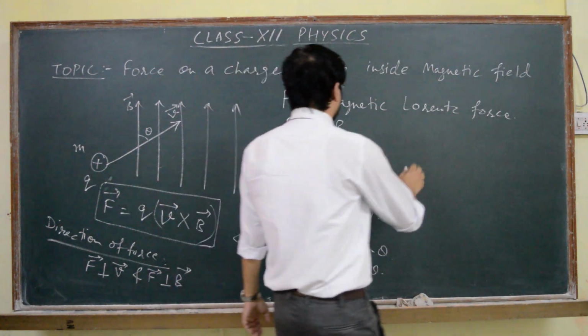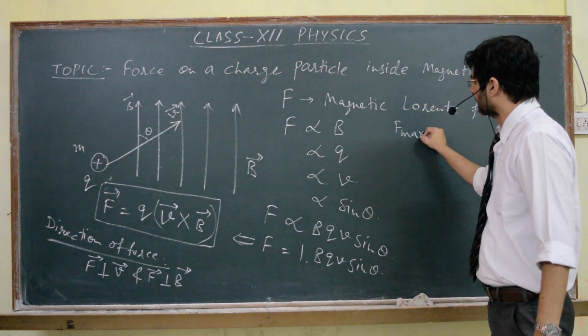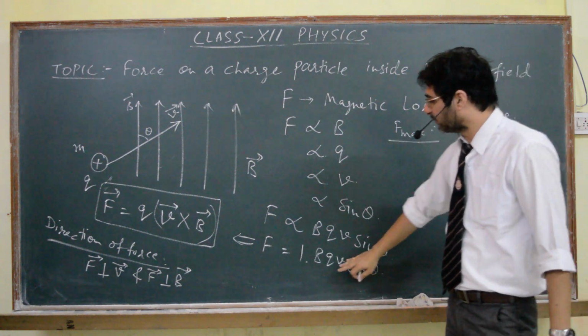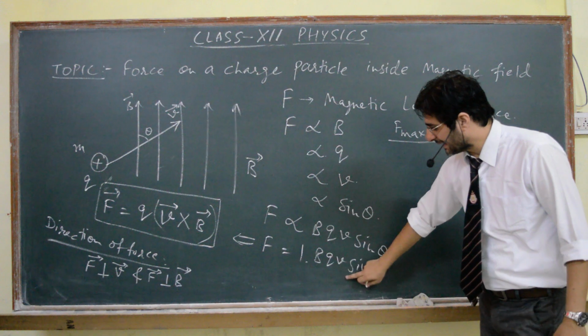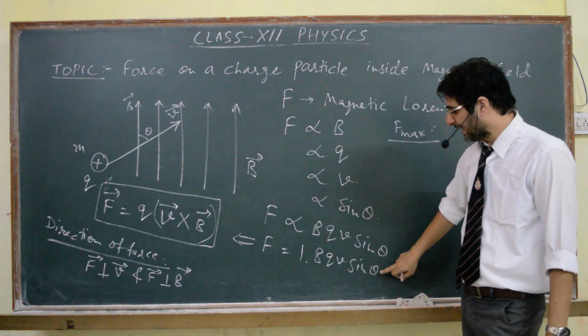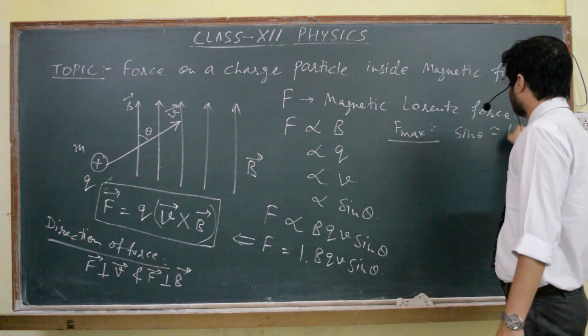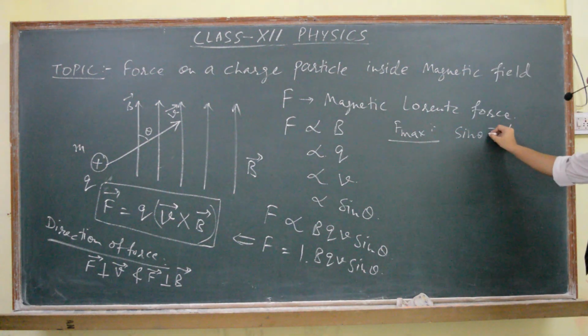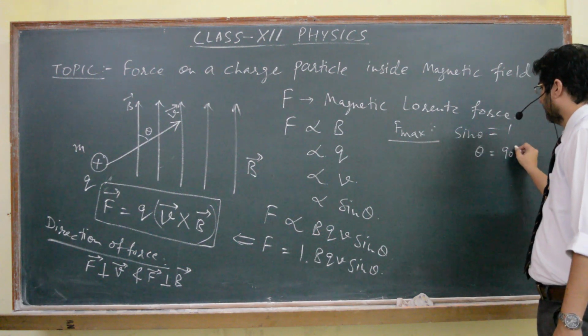Now if we talk about maximum force, when will this force be maximum? This force will be maximum when sine theta is maximum, and the maximum value of sine theta is 1, at an angle of 90 degrees.